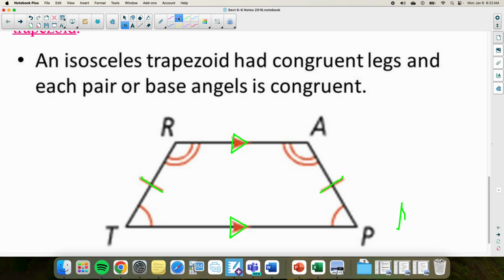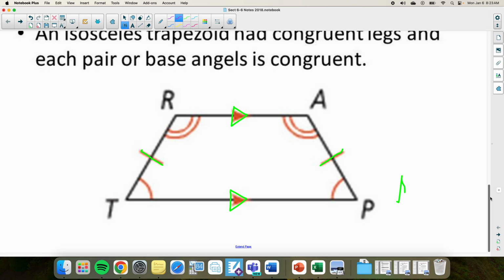Okay, so these two are parallel, these two are congruent. If that's the case, it's isosceles. And then another thing that we know in an isosceles trapezoid is that these two base angles are congruent and these two base angles are congruent.